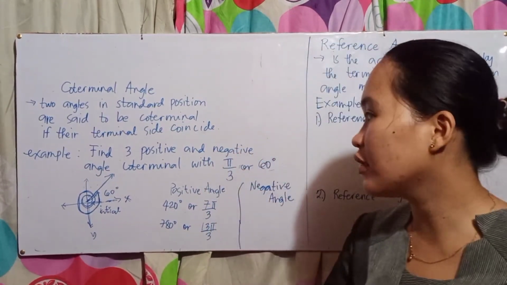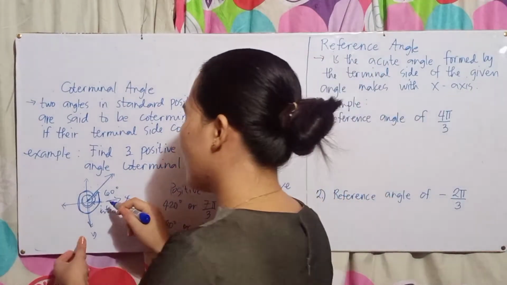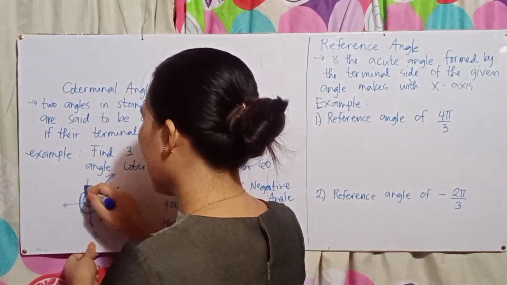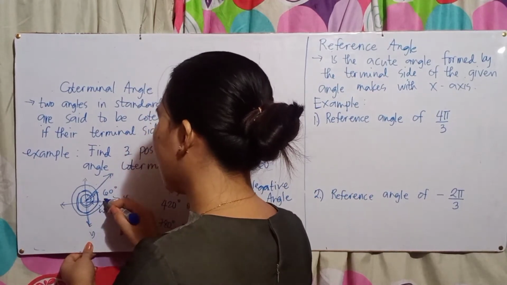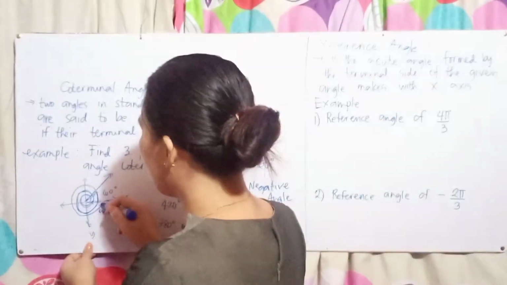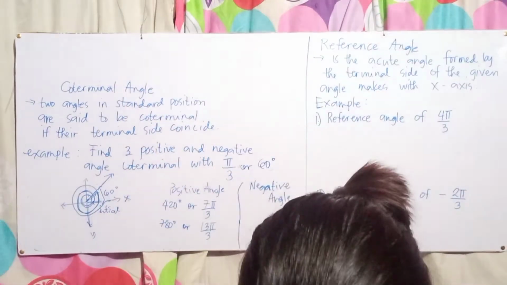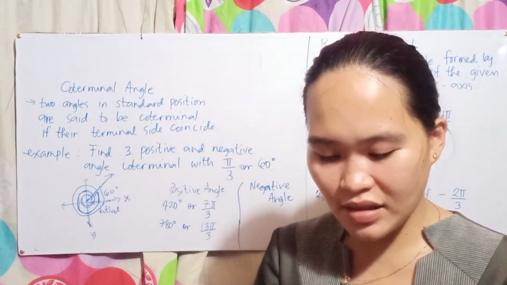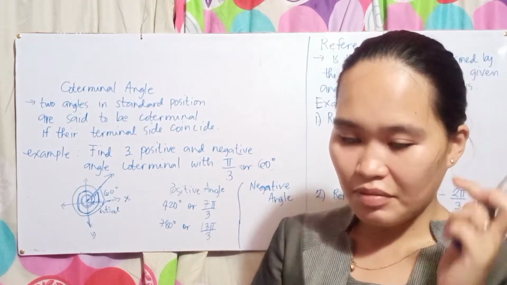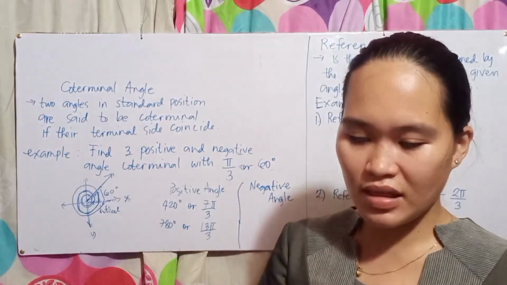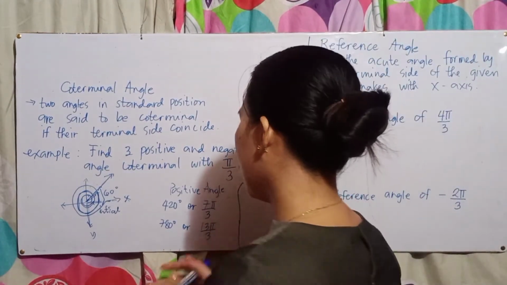Okay, next, the third. Since we need three positive angles, or three negative angles. When we rotate again, that's 360, 360, 360. Three 360s plus 60. So 360 times 3, plus 60, is 1,140 degrees.